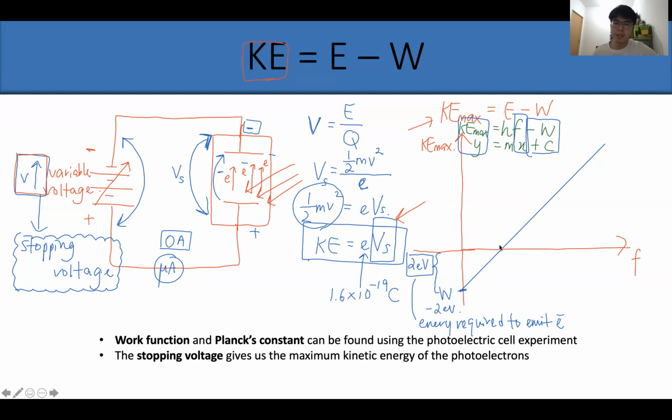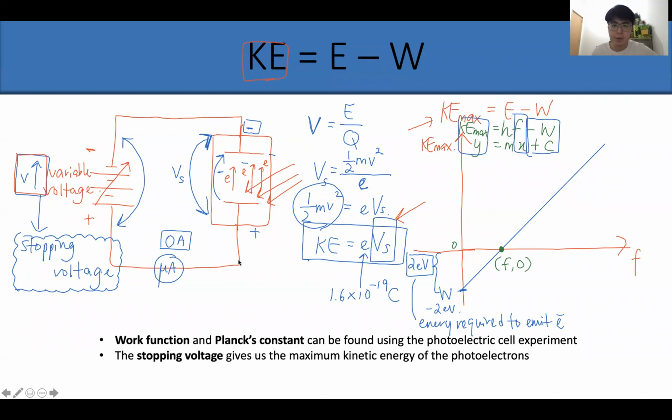And if you see the point where it crosses the x-axis, here it crosses the x-axis. What is the value of the Ke? It's 0, right? So this one is f, and then Ke is 0. What does it mean at this point? What happens when your Ke is 0?